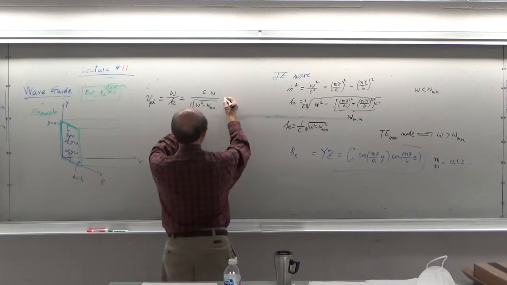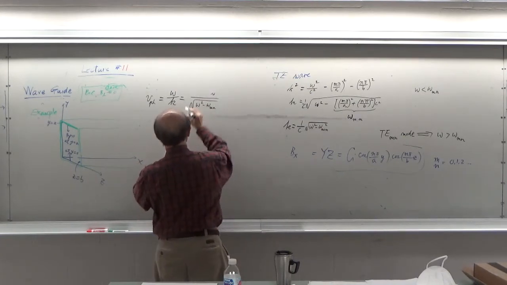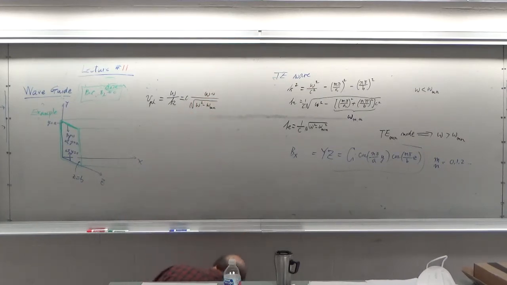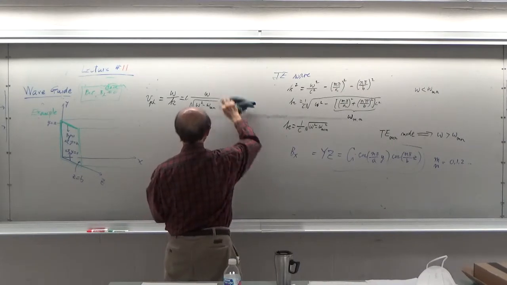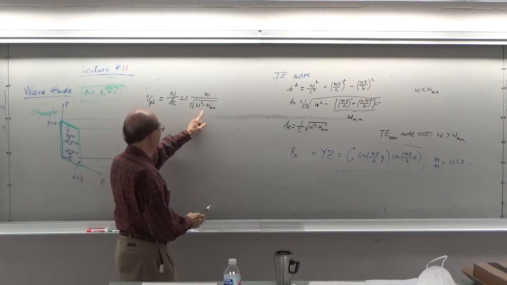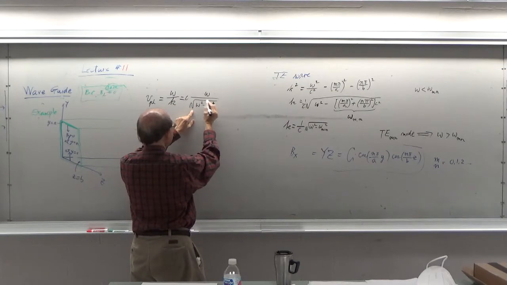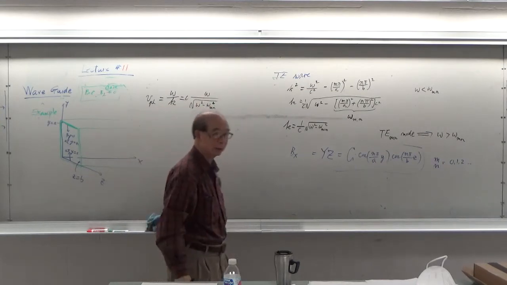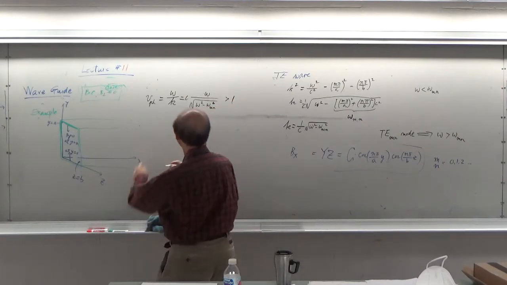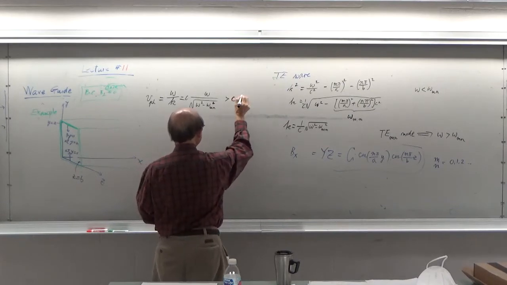But you can see plainly that this will pull out a factor of c. Numerator is omega. Denominator is the square root of omega squared minus this omega mn squared. This obviously is less than omega. That means that, in fact, this is greater than 1 times c. So greater than the speed of light in vacuum.